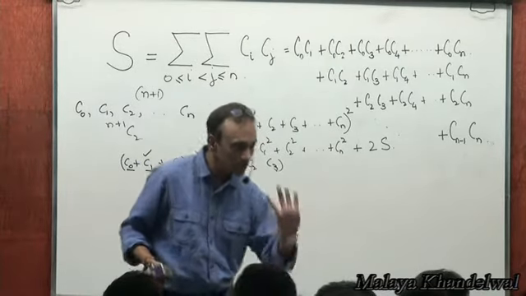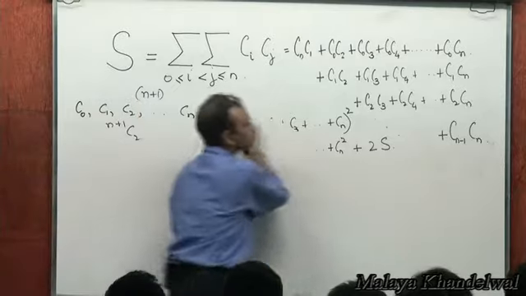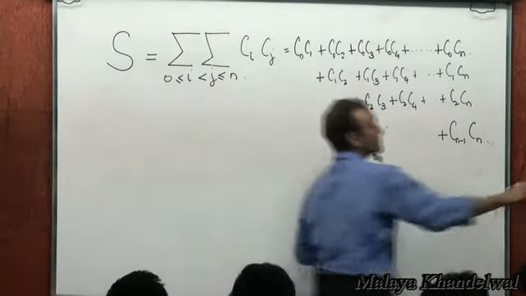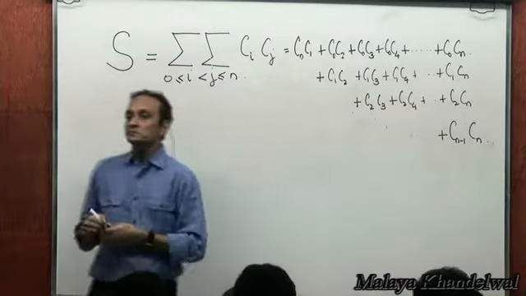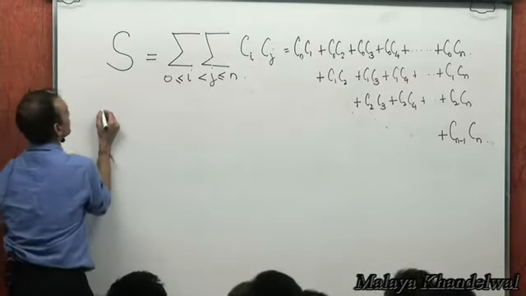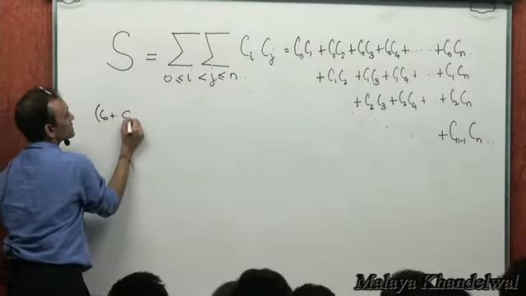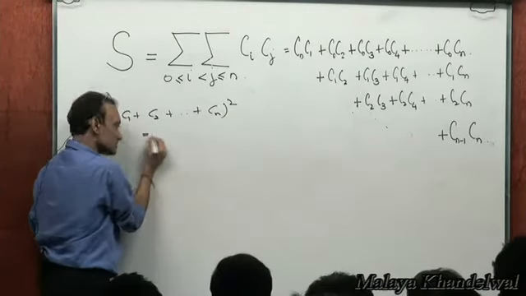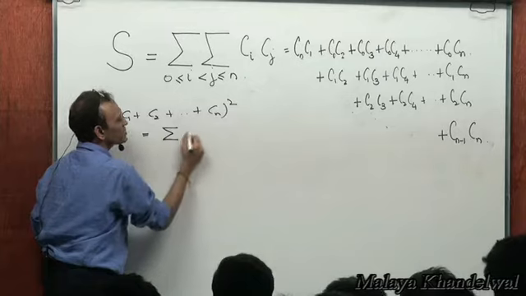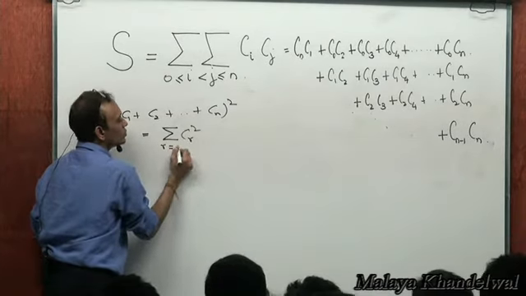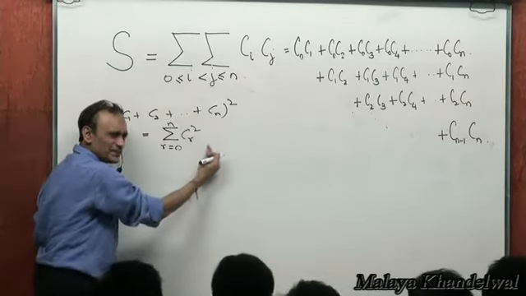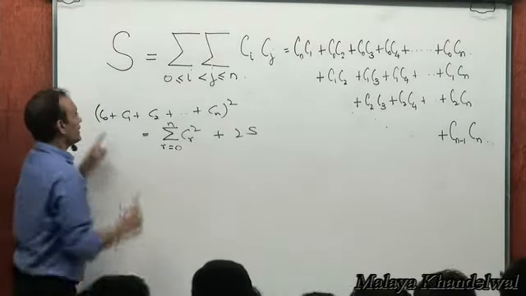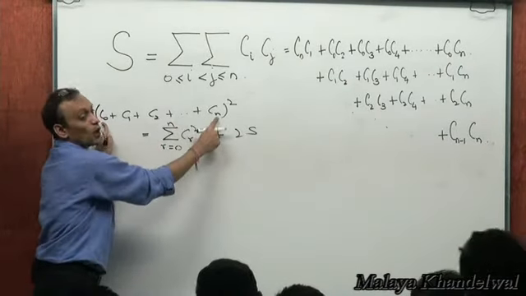Confused? No? Now, let me find out the value of S. Let's find out the value of S. The value of S is going to be, see, C0 plus C1 plus C2 plus up to Cn whole square is summation CR squared, R equal to 0 all the way to n, that is C0 squared plus C1 squared plus C2 squared plus Cn squared plus twice S. Now C0 plus C1 plus C2 plus up to Cn is what? 2 to the power n.